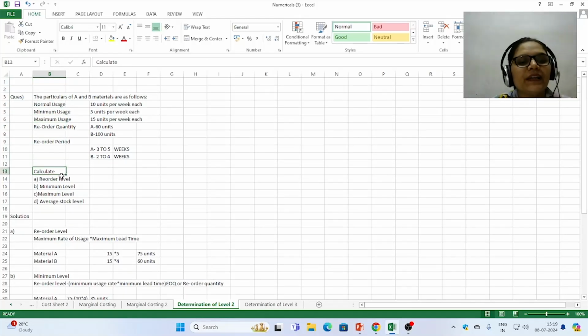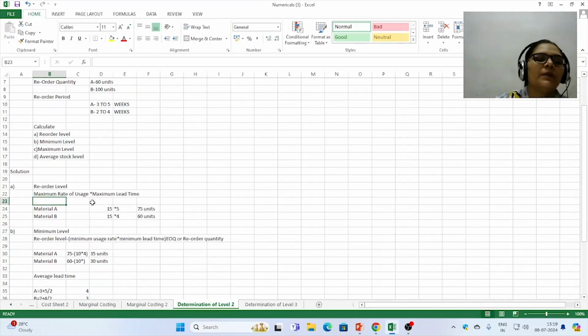We usually calculate these various inventory levels with the help of formulas. As I have already discussed, for your brief understanding, in case you have missed anything, I will repeat the calculation. We have calculated reorder level. The formula for reorder level is equal to maximum rate of usage into maximum lead time.